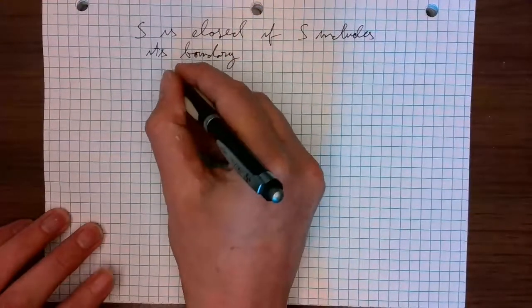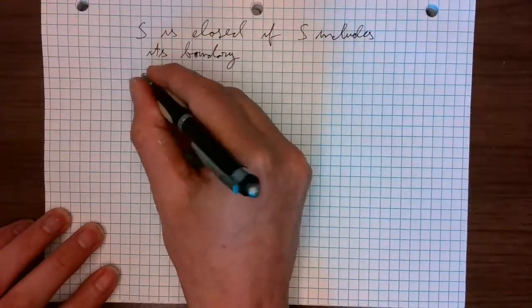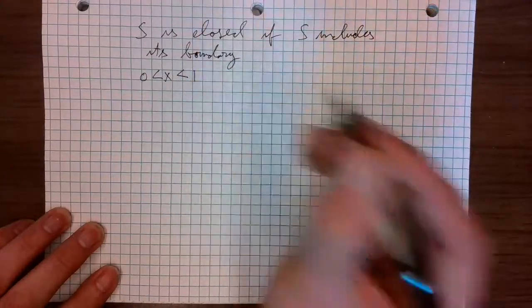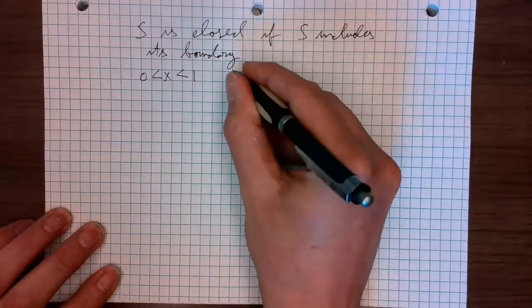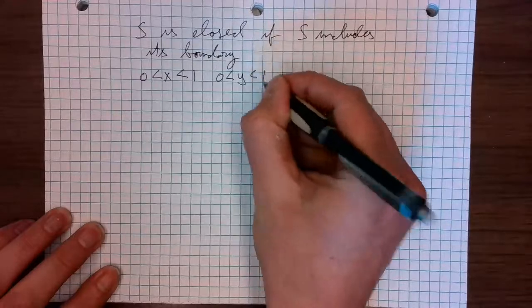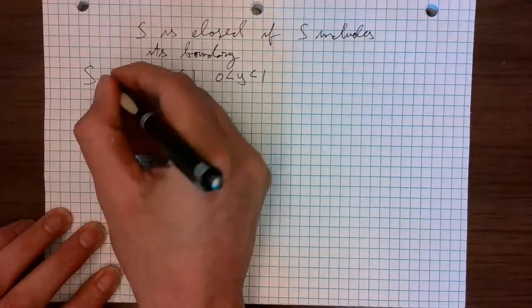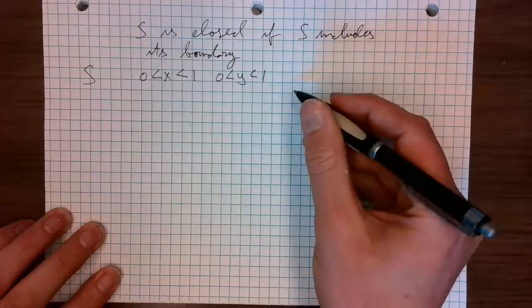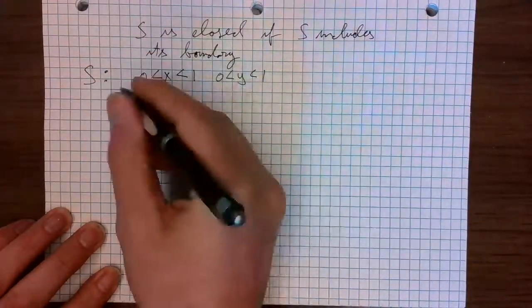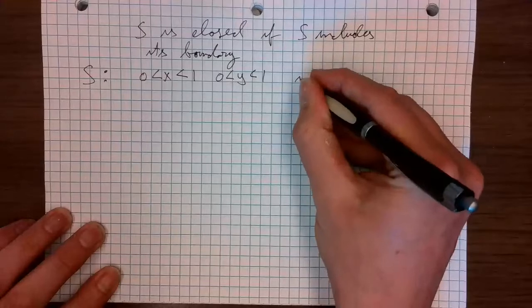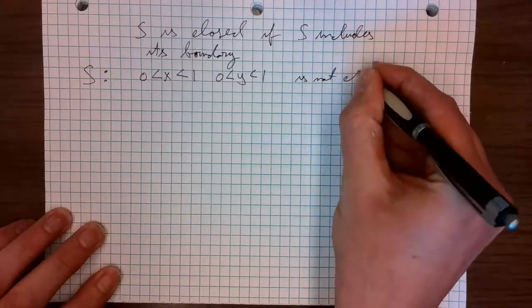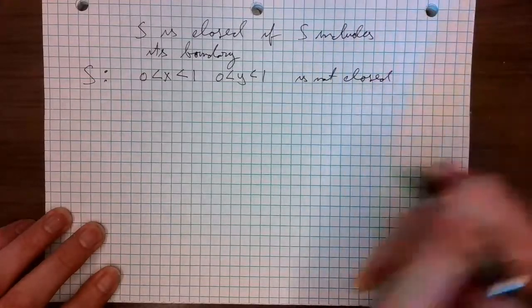For example, x strictly between 0 and 1, and y strictly between 0 and 1: if S is given by these inequalities, it is not closed. Why?